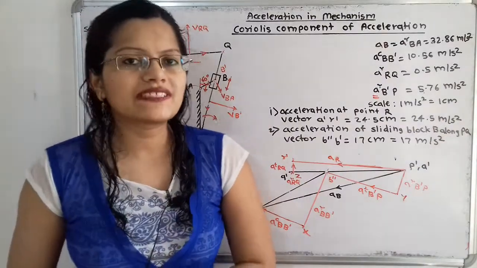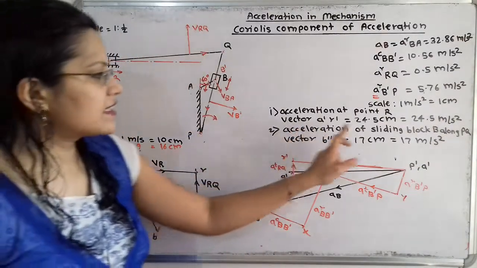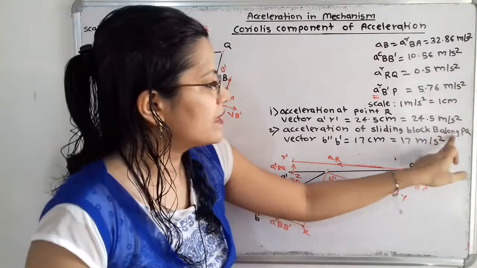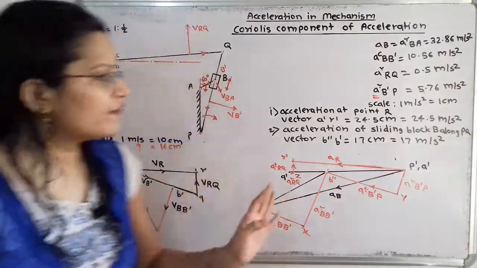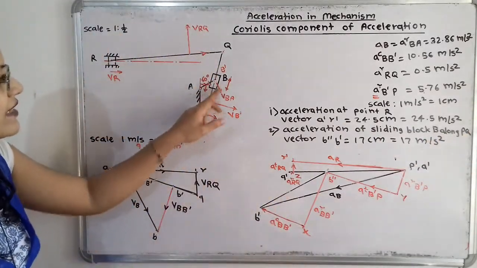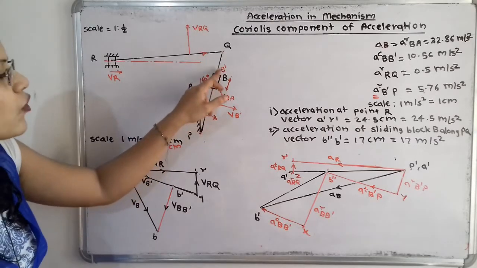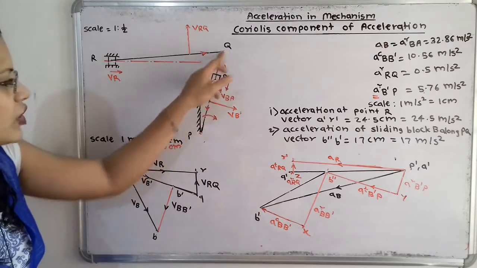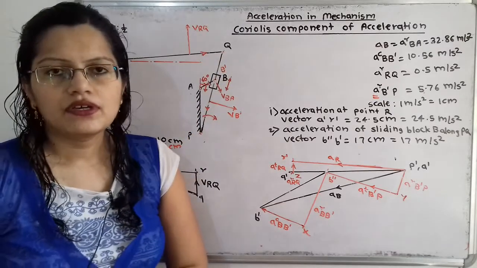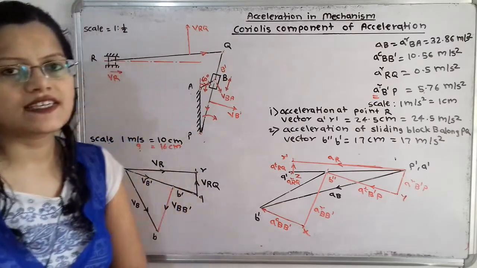Now we will move to the second question, that is the acceleration of the sliding block B along PQ. If we observe this diagram, the sliding block at point B has a coincident point b dash on the link PQ. So how can we measure its acceleration?